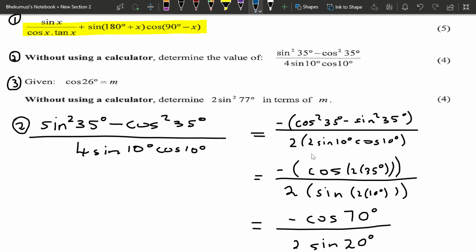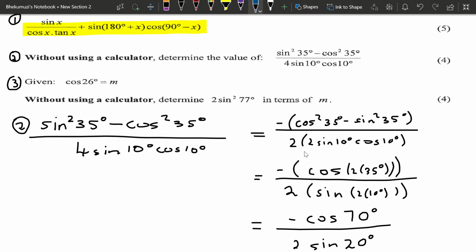But then at the bottom, you found that it's 4 times sin 10° cos 10°. You can see that you do have sin 10° and cos 10°. So the only way that you can write it in such a way that it simulates an identity is to take out the 2, because 2 times 2 is 4.